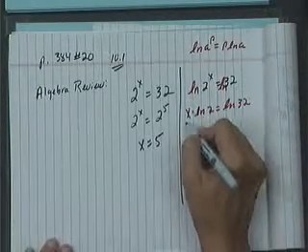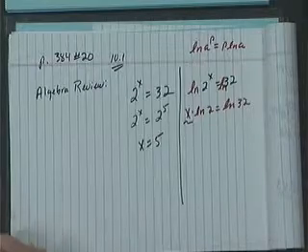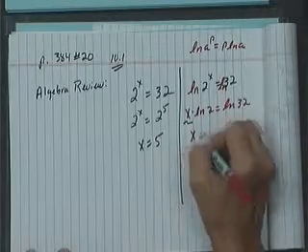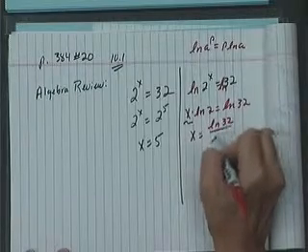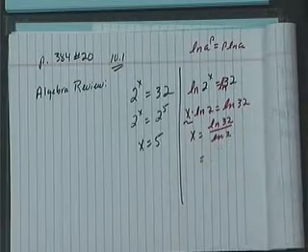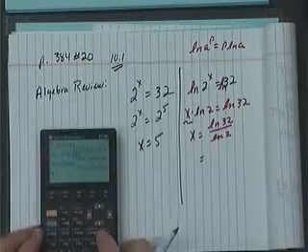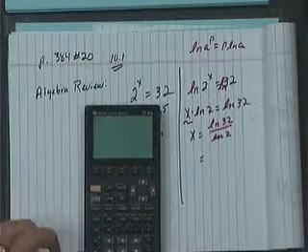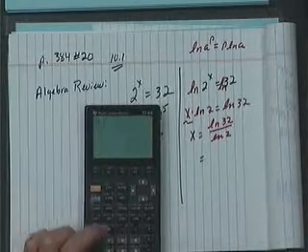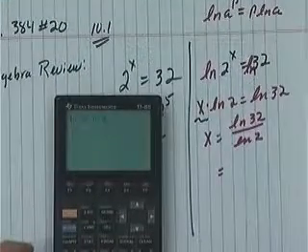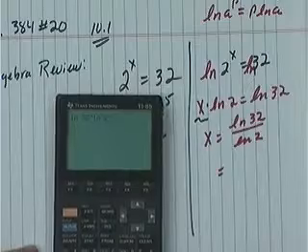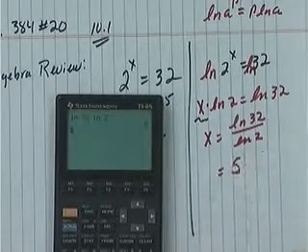And then how do we solve for x? That's not a trick question. Yep. Natural log of 32 divided by natural log of 2. And we'll go to our calculator. Natural log of 32 divided by the natural log of 2. And there's your 5 right there.